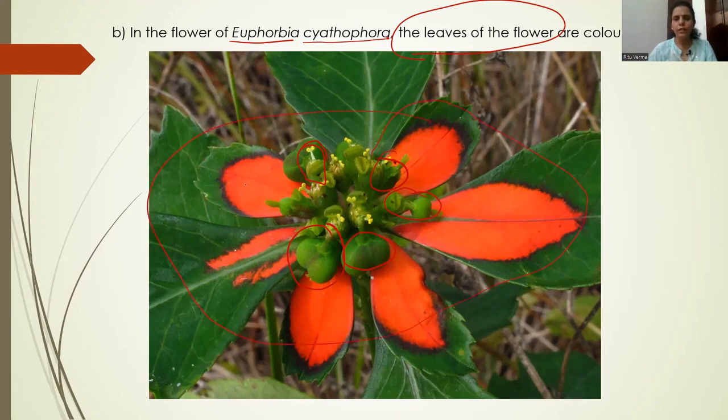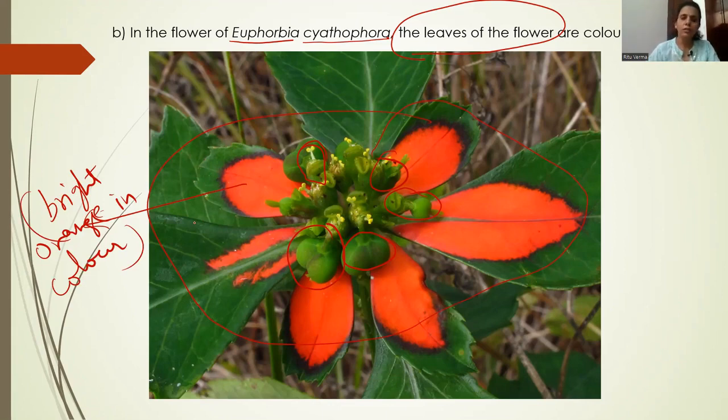Some part of this first layer of leaves is bright orange in color. This bright orange color attracts insects for the process of pollination, and once insects come closer to this plant, the insect can easily notice the flower.